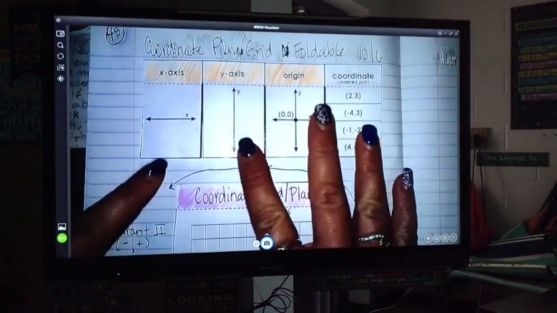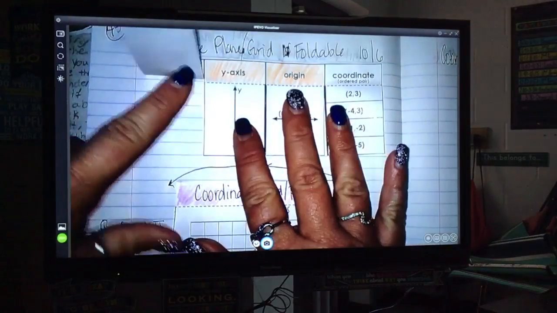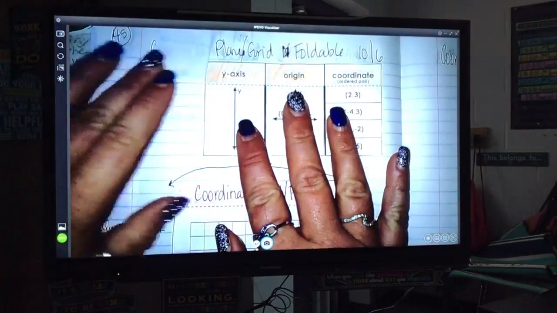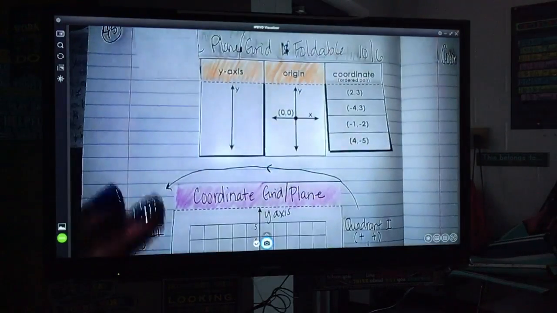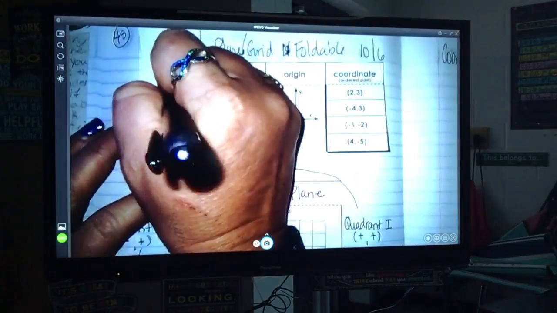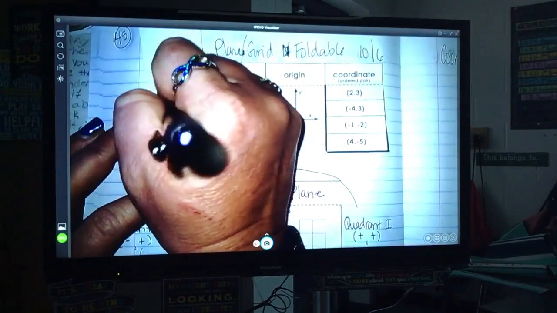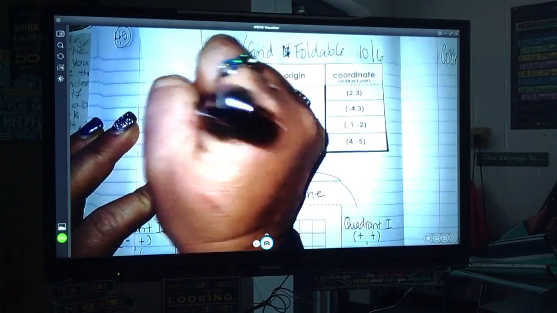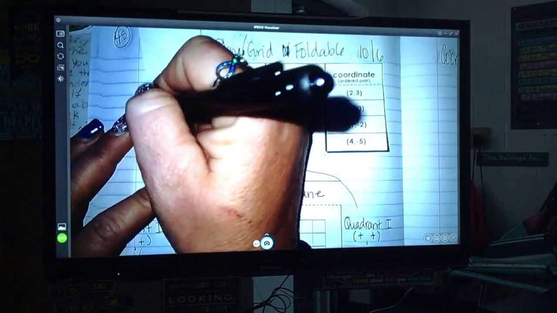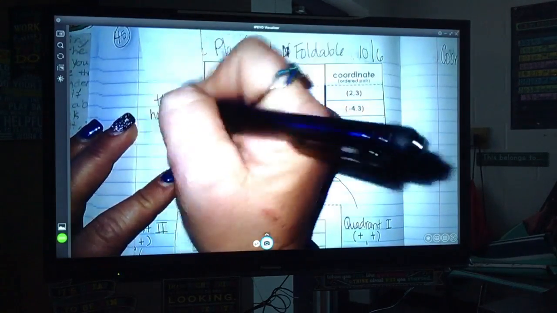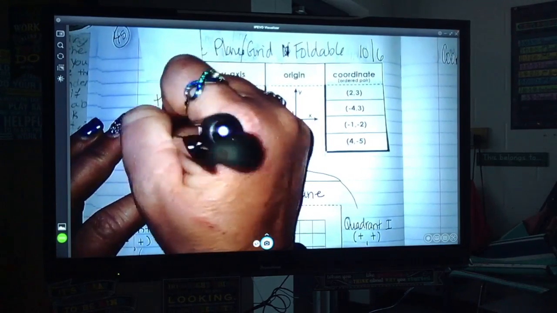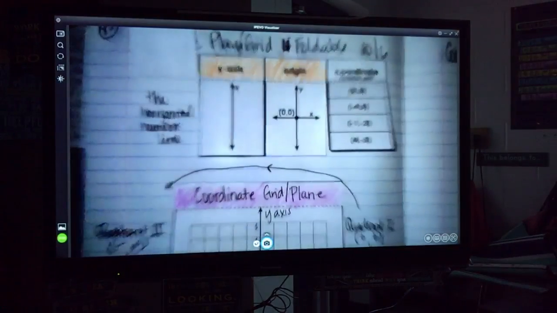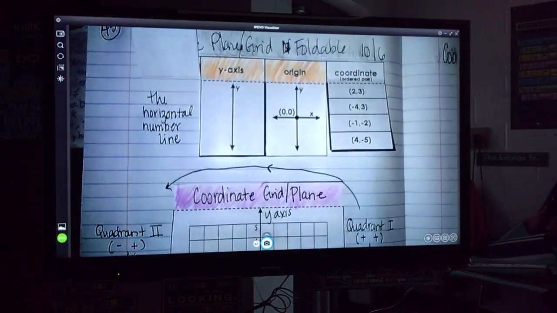All right, so flip up your x-axis. And we kind of already talked about it a little bit, but this one's pretty easy. It's the horizontal number line.